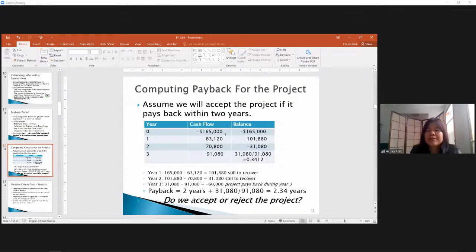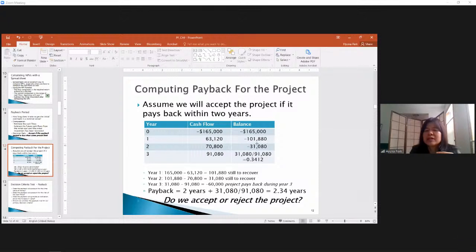So the initial investment is 165,000. One year after the investment is made, $63,120 will be earned. So after this, the remaining balance is 101,880. It's simply 165,000 minus 63,120.